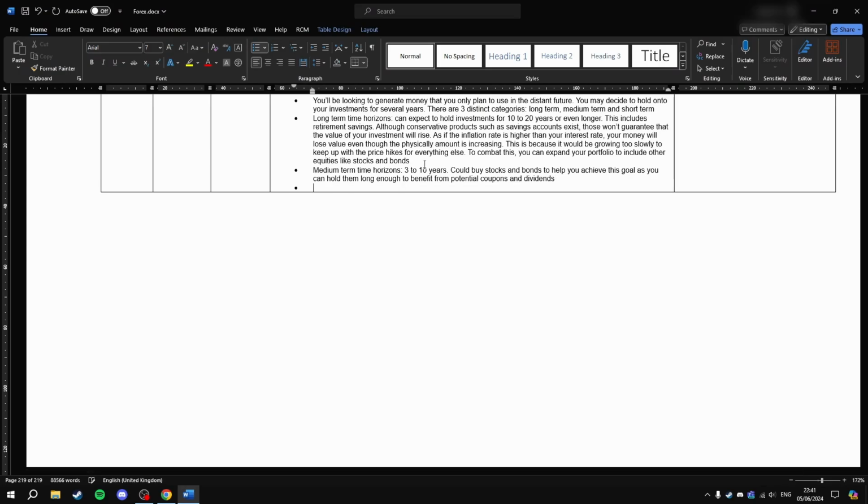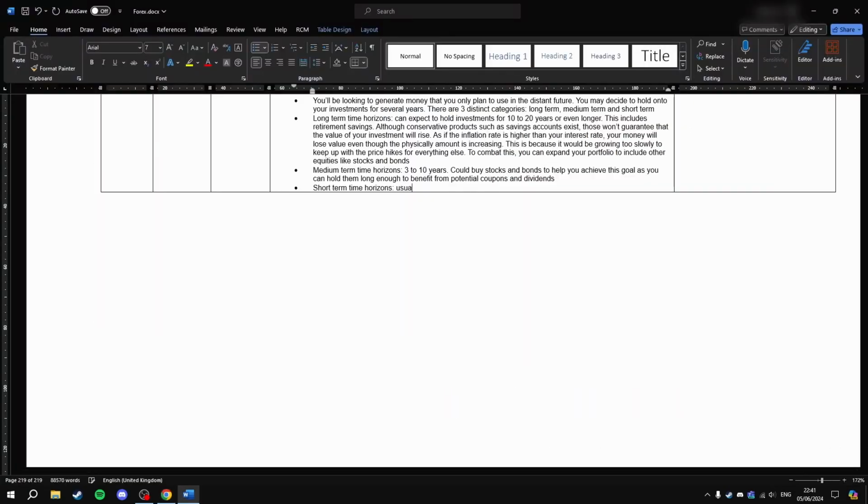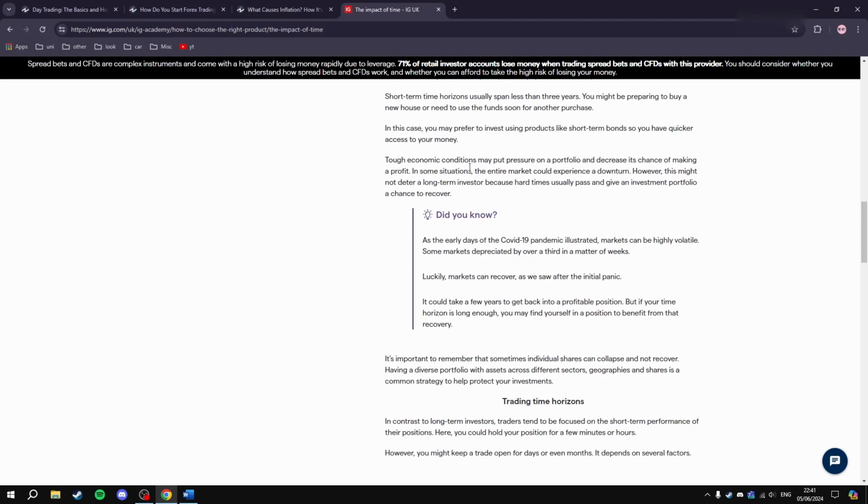Short-term time horizons usually span less than 3 years. You might be preparing to buy a new house or need to use a bond fund soon for another purchase.